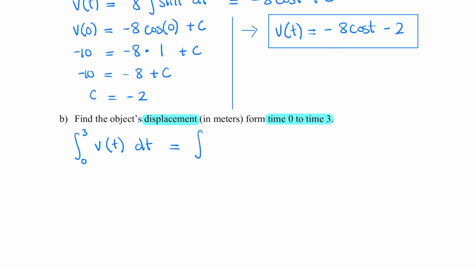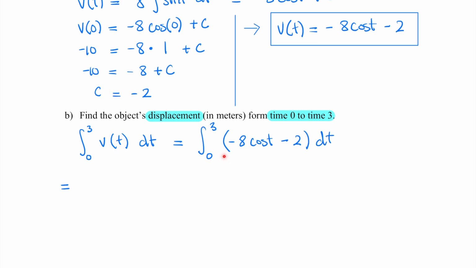So we have the definite integral from 0 to 3 of negative 8 cosine t minus 2 dt. The integral of negative 8 cosine t is negative 8 sine t. The integral of negative 2 is negative 2t. And we want to evaluate this from 0 to 3.